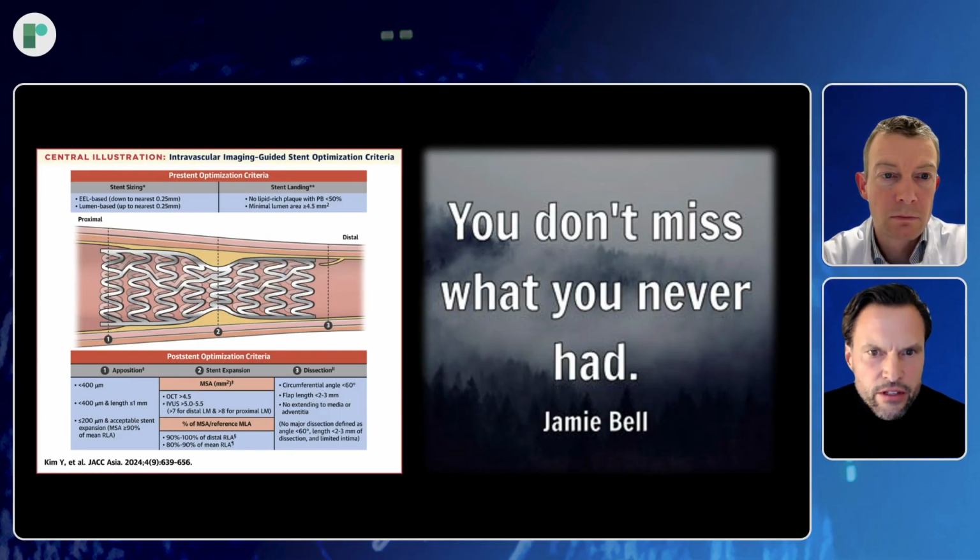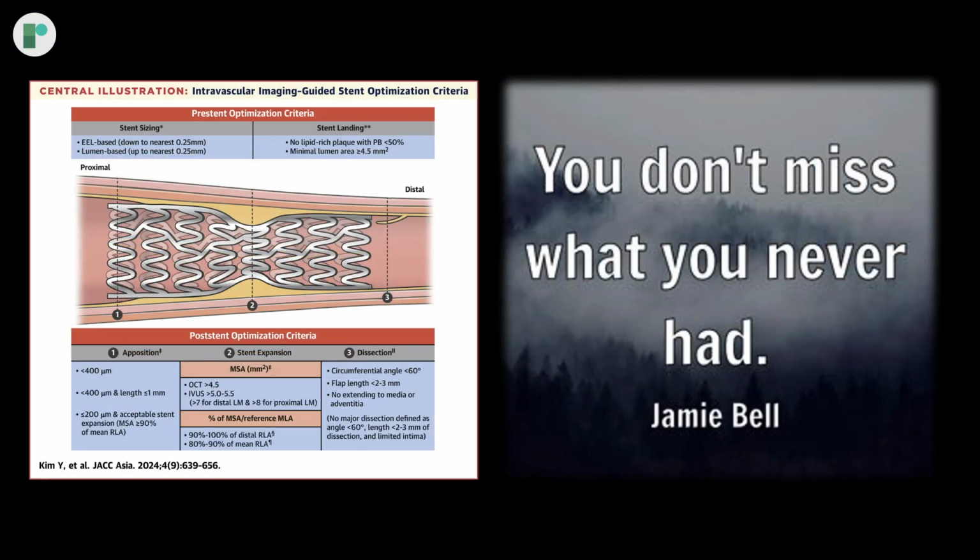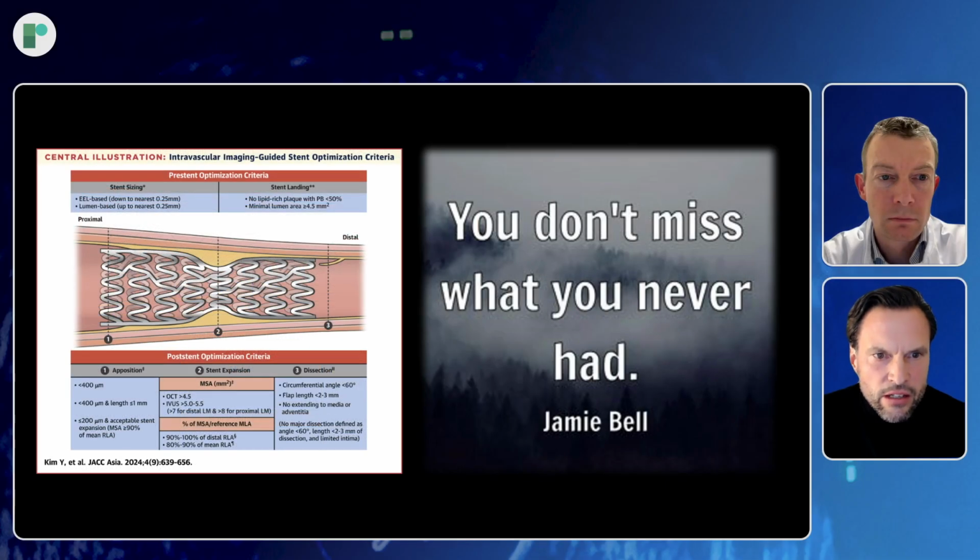The problem with intravascular imaging is that if you don't use it, you normally don't see what you have missed in your patients, and in the end you don't miss what you never see. So if you don't know it, then you don't miss it. And if your patient leaves the table untreated and you say angiographically this was not a significant stenosis, like in the case I just showed you, the patient will just come back a few months later with myocardial infarction.